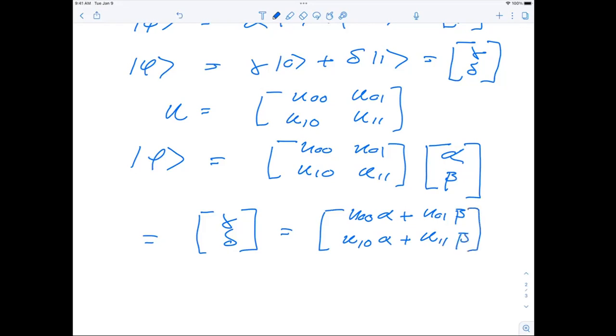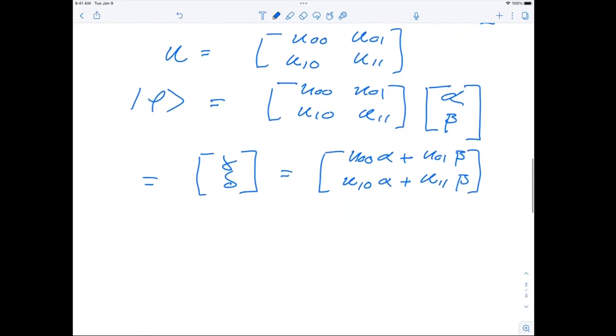So these will be the new components of the vectors, and you could think now of the component gamma and the component delta. Now, what is important for us is that this matrix U is actually a unitary matrix. It has to be that.